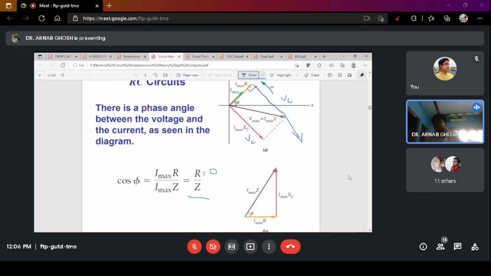So just tell me, do you have any idea what will happen if the power factor is low? Can you tell me what will happen if the power factor is low?